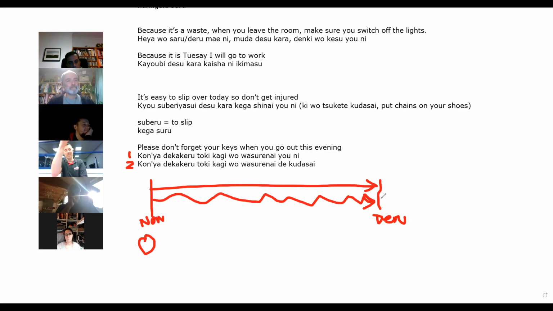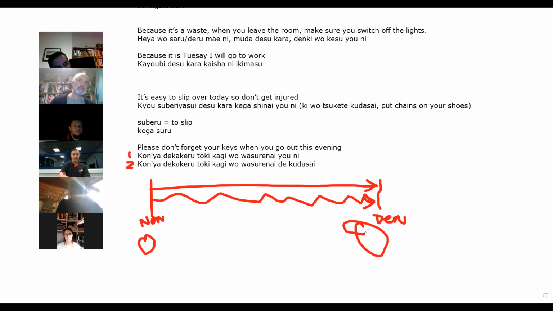If somebody's leaving and you say at that point, here, don't forget your keys, then you use kudasai. Right, exactly. This is giving an instantaneous order. But if you are telling your child, when you leave the house, don't forget your keys, then you will be using yoni. It's like saying, be sure that later on you don't forget your keys.